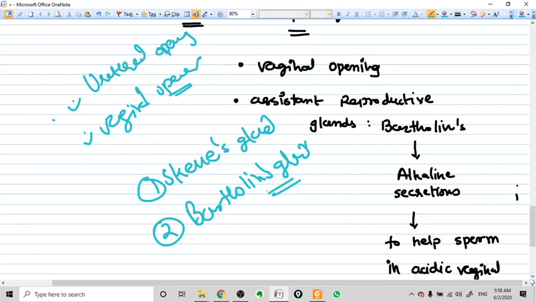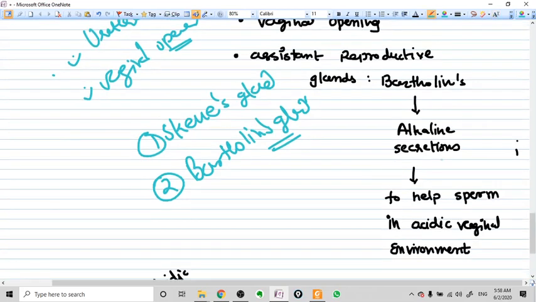For example, Bartholin's glands secrete alkaline secretions, and this alkaline secretion will help the sperm survive in the acidic vaginal environment, because we all know that the vaginal environment is acidic.